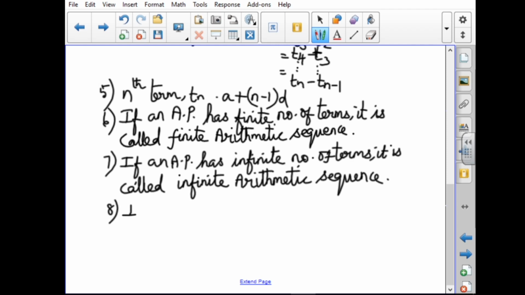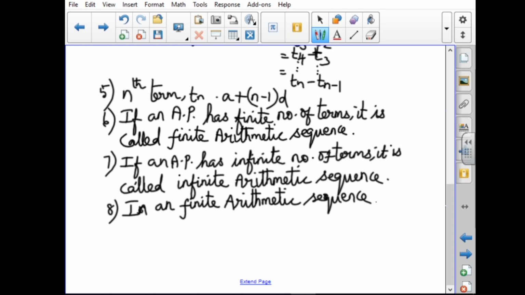Suppose in a finite arithmetic sequence, if the last term is given, finite, so it must end with some number.